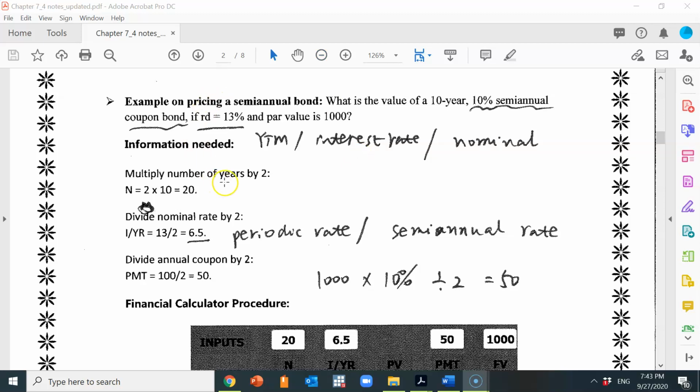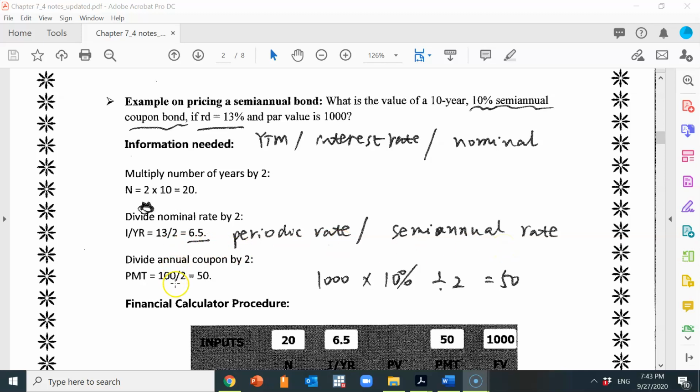For N, we input the number of half years. We use the 10 years in total multiplied by 2, so we have 20 half years. For I, we need to input the semi-annual rate or semi-annual yield to maturity. So we use this 13, the nominal annual cost of debt or nominal annual yield to maturity, divided by 2, so we have 6.5 as our periodic rate or semi-annual rate.